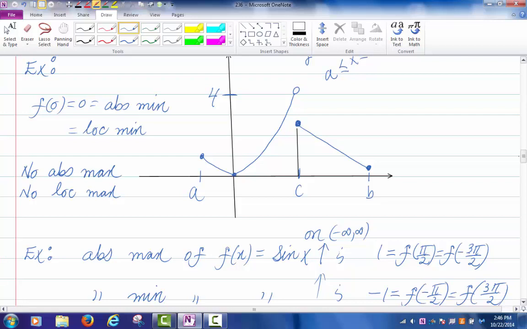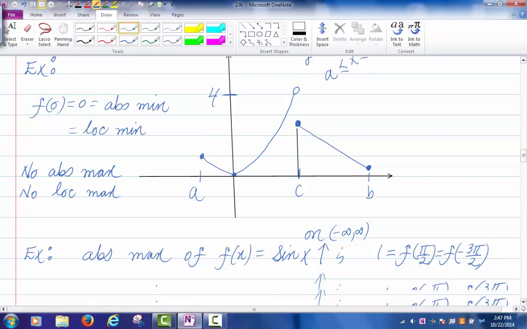I can make it as close to 4 as I want to. However, the function does not take on the value 4, so I cannot say 4 is the absolute maximum value of the function. Okay? But if you have a continuous function, then this extreme value theorem is guaranteeing that there is an absolute maximum value of the function on that interval. There is an absolute minimum value of the function on that interval as well. Is that making sense? Is everybody okay?